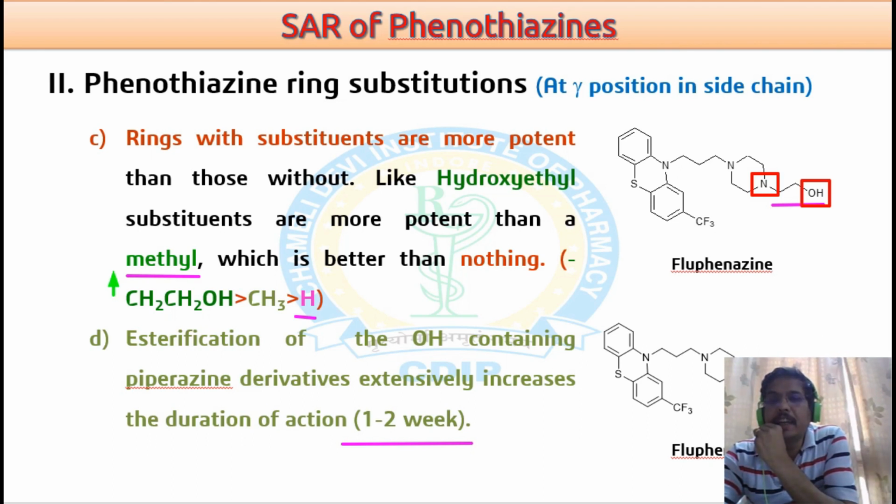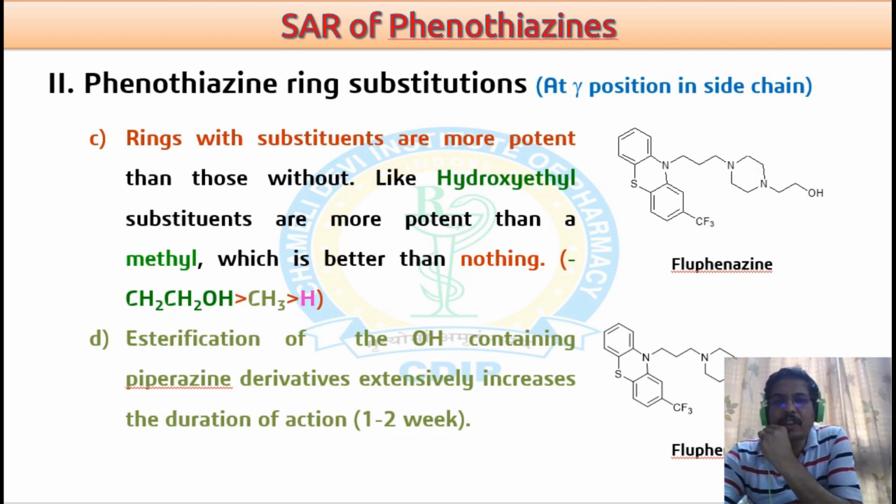Then the compound is called fluphenazine enanthate, and this fluphenazine enanthate has an activity of 1 to 2 weeks over fluphenazine, which has a very short duration of action as compared to the ester analogs.